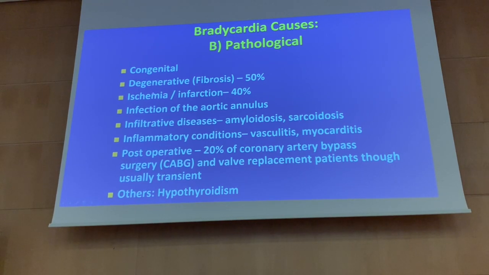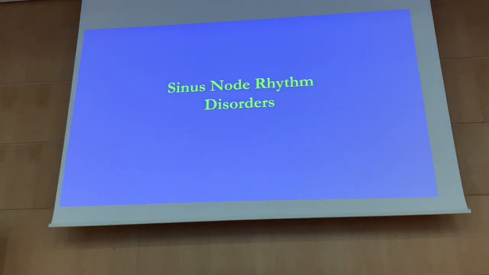Ischemia, infarction, as mentioned, and maybe there are rare causes like infection, infiltrative disorder, inflammatory disorder, post-operative, and others like hypothyroidism. Okay, so you need to remember the causes. Really, for student level you need to remember the causes. Okay, so now we'll come to the sinus node problem.